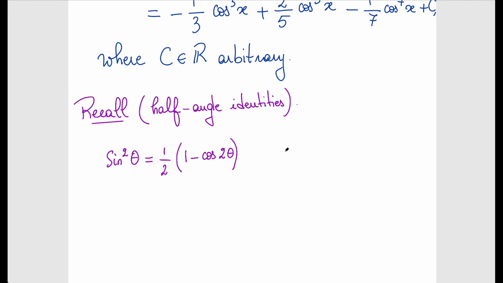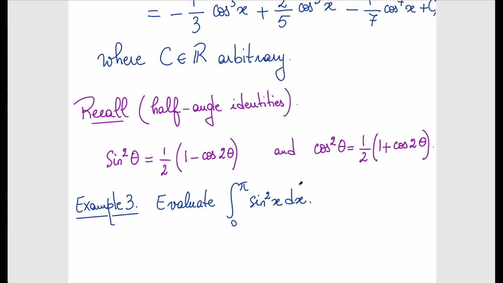So this is one of the half-angle identities, and cosine squared of theta is equal to half times 1 plus cosine twice theta. Okay, so we use these whenever we don't have an odd power of sine and we don't have an odd power of cosine in the integrand. Let's see an example.